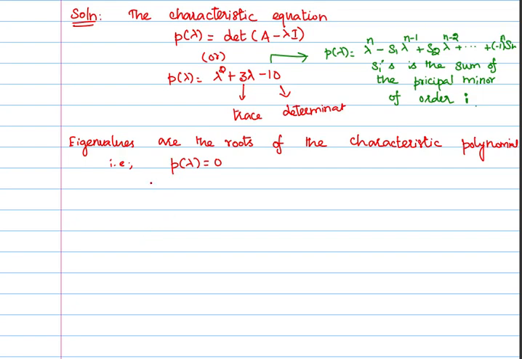This implies lambda squared plus 3 lambda minus 10 equal to 0.